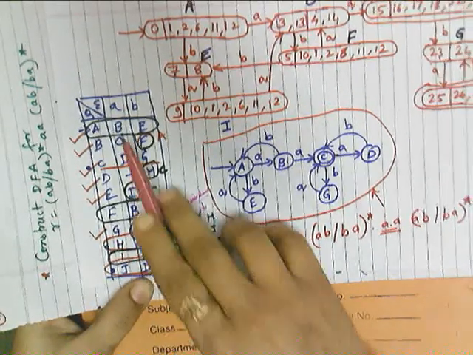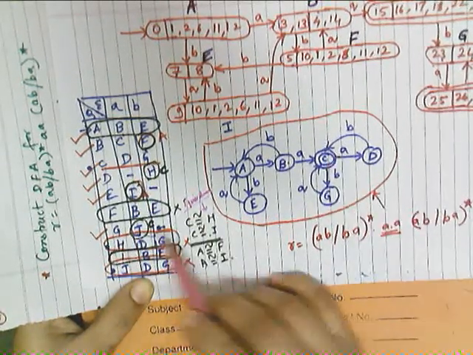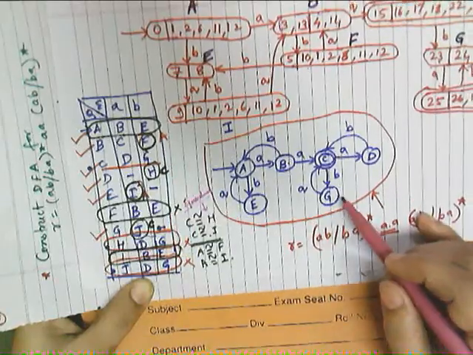So G on A moves to C and G on B moves nowhere.